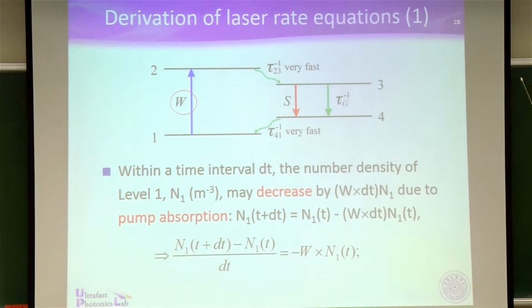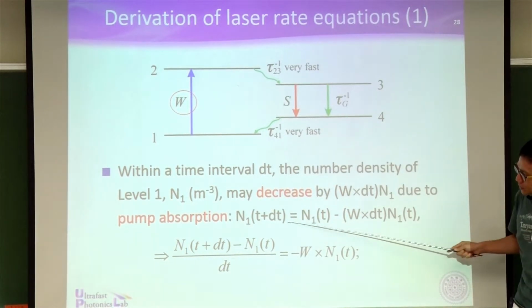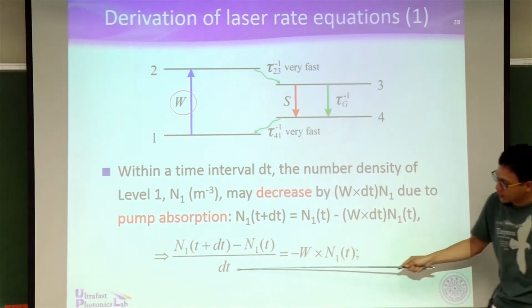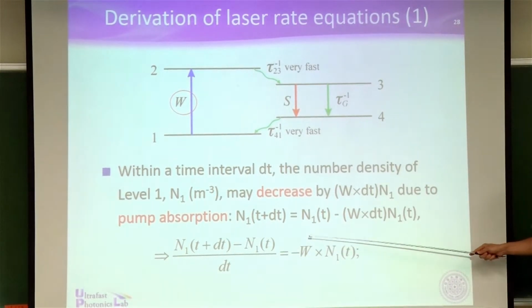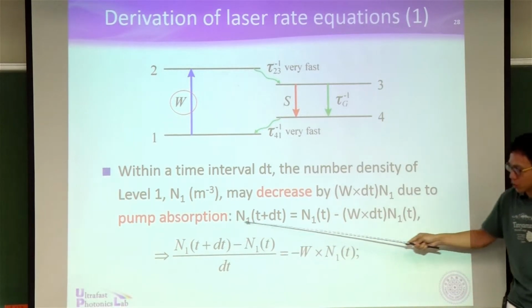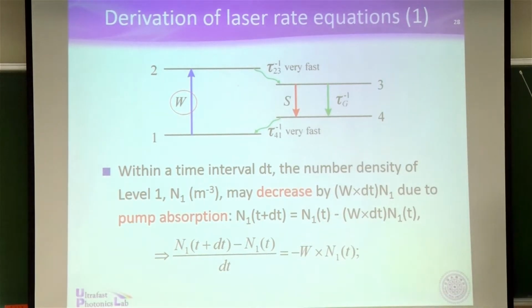Then just playing with the game about calculus. Okay? This one minus this one over dt, you got the left-hand side. The right-hand side, you have minus W times N1 of t only. And in calculus, you know this is the so-called difference quotient, right? 差商.